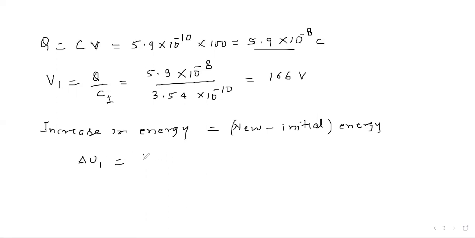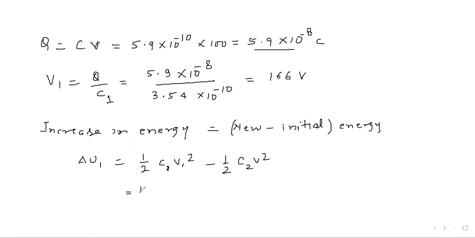So it will be half C times V1 square minus half C times V square. So here we put the values. So this is C1, this is C2. C1 is initial capacitance when there was no dielectric, and C2 is capacitance when there was dielectric.